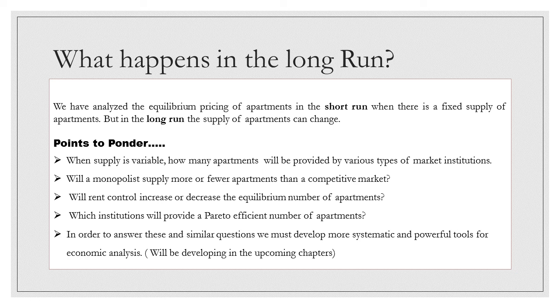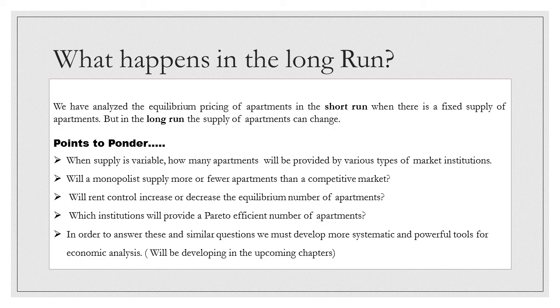Then, will rent control increase or decrease the equilibrium number of apartments? Which institutions will provide a Pareto efficient number of apartments? And in order to answer these questions, we must develop more systematic, sophisticated and powerful tools for analyzing these issues.